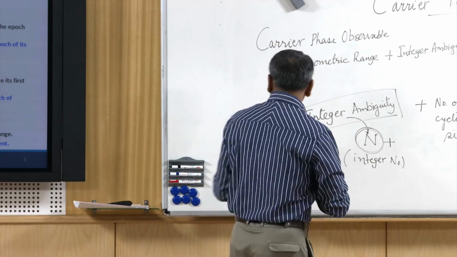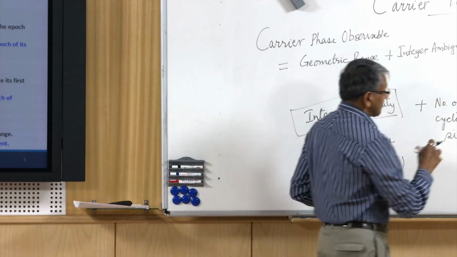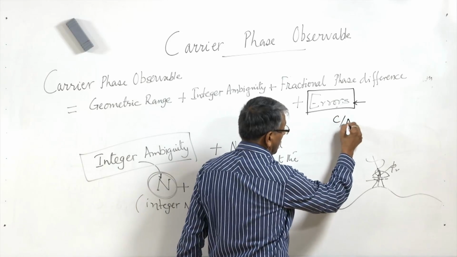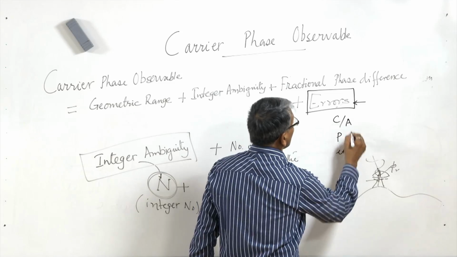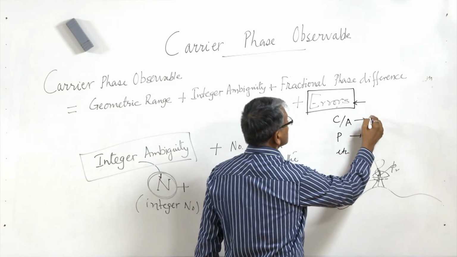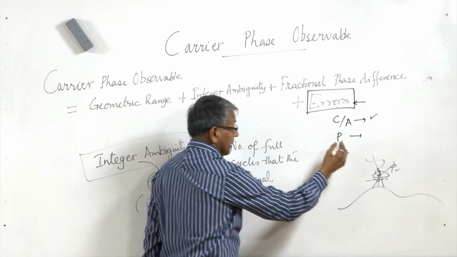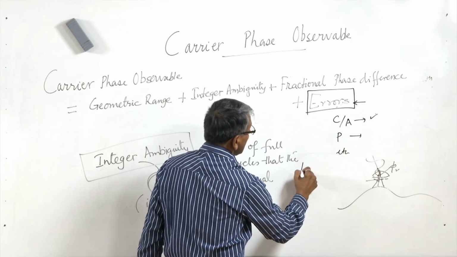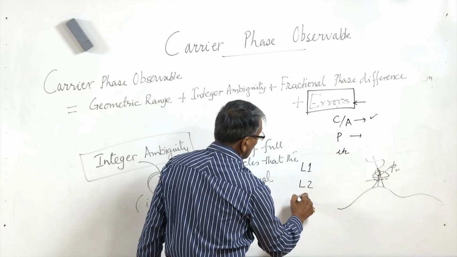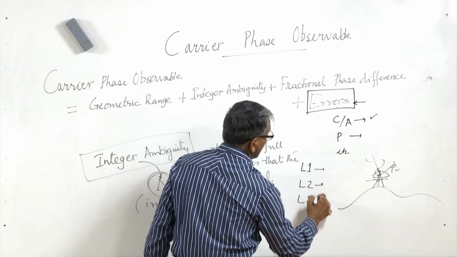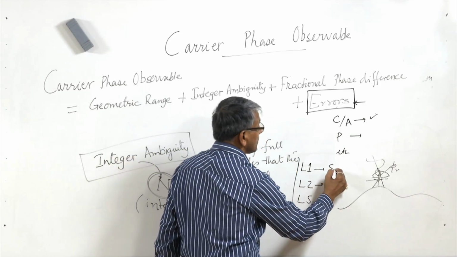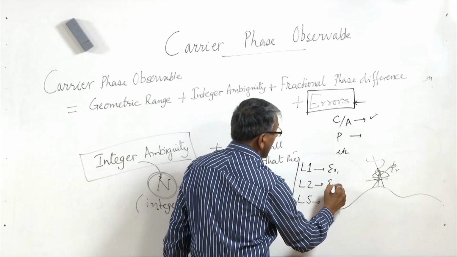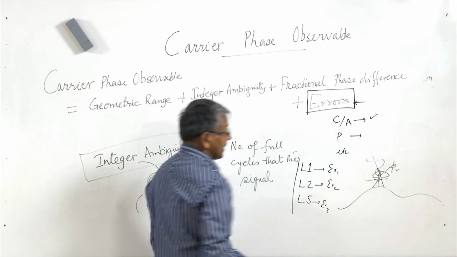As we know, we have different types of code like C/A code, P code, etc. Similarly, we have L1, L2, L5 carrier frequencies. For them also the errors will be error 1, error 2, error 3, something like that.